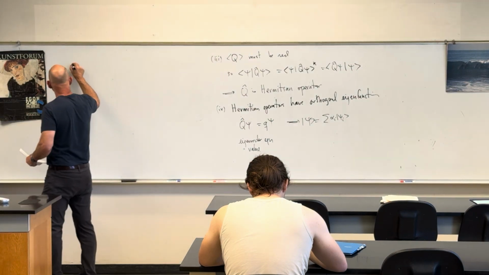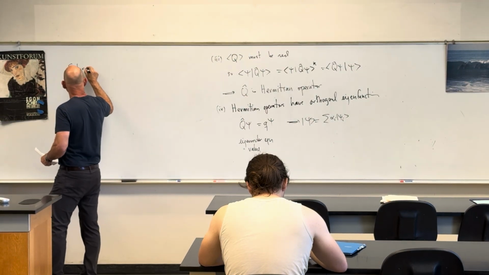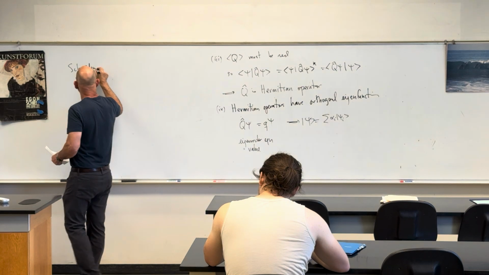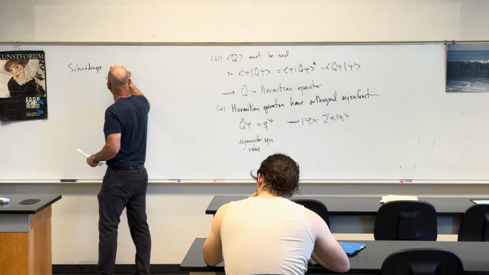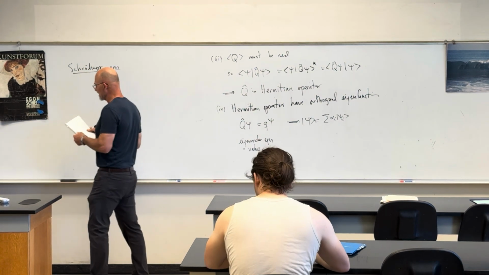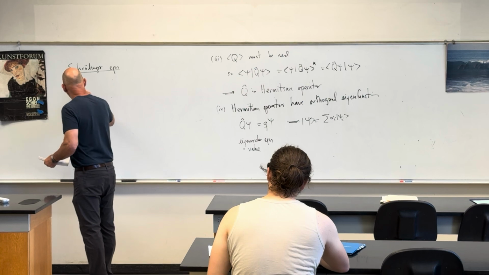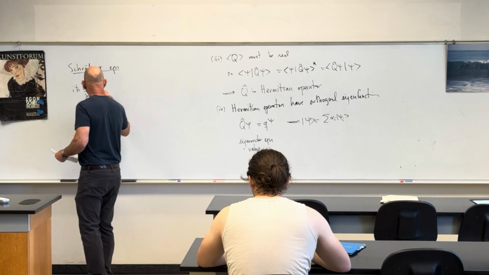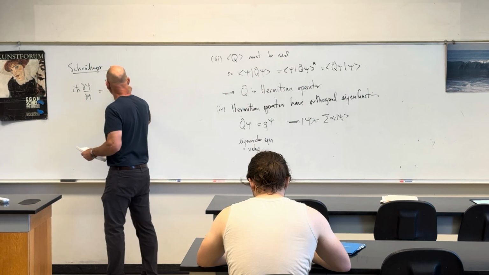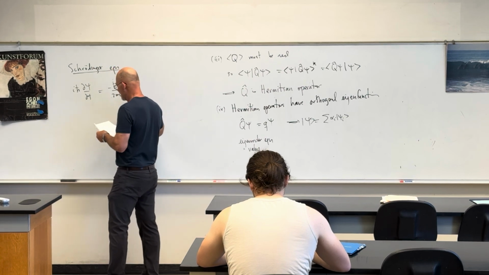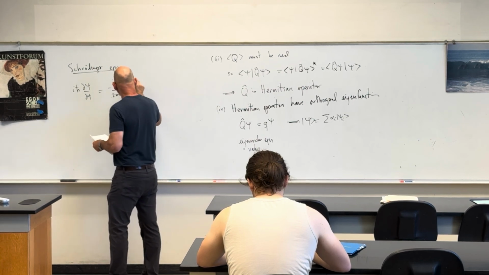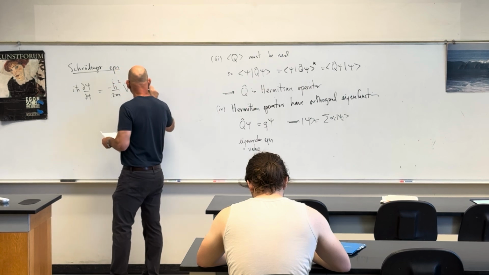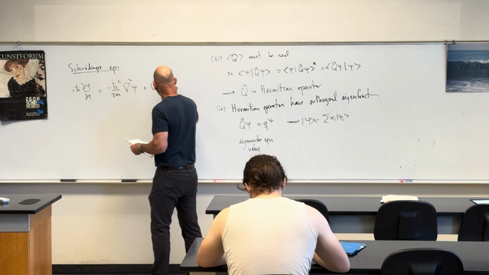Suppose you have Schrödinger's equation. And it looks like this. We'll just write i h bar dpsi dt minus h bar squared over 2m del squared psi plus U times psi.